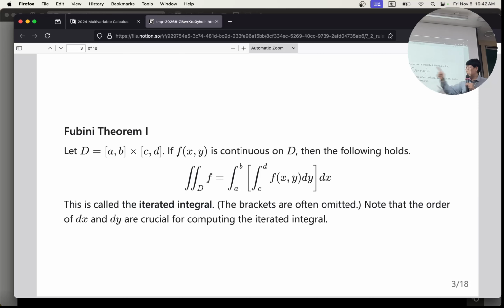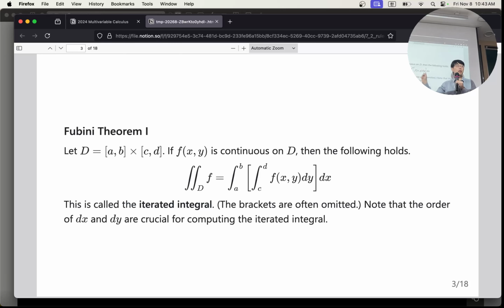So these are not the same thing. The claim is we are not defining the integral as this integral. It's a theorem. The theorem says we have a notion of computing this integral, and we also have a notion of computing this integral. But this is simply doing the integration twice, doing the single variable integration twice.